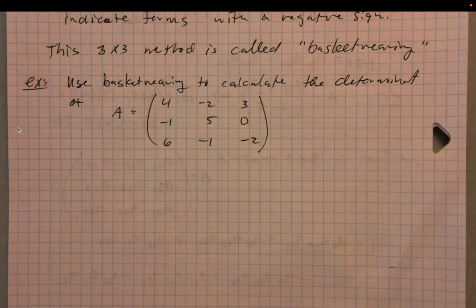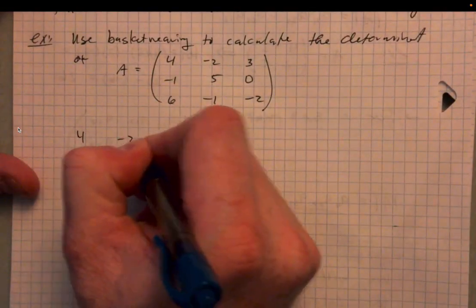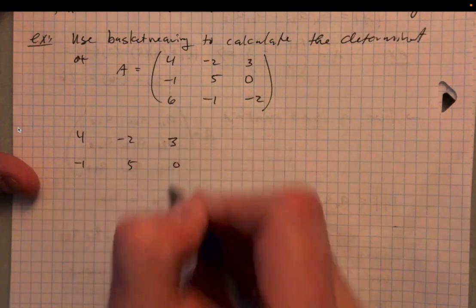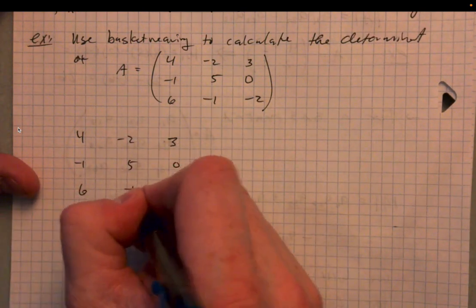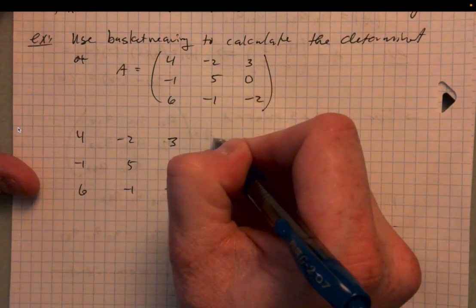So this is our matrix. No need to memorize anything, just remember the technique that we've just discussed. We'll write out the entries in the matrix, put them in this grid, and then duplicate over the first two columns.